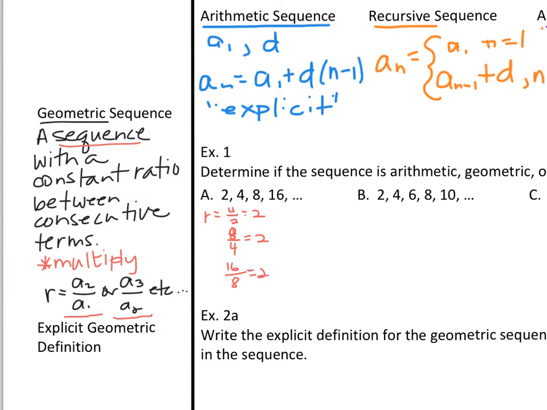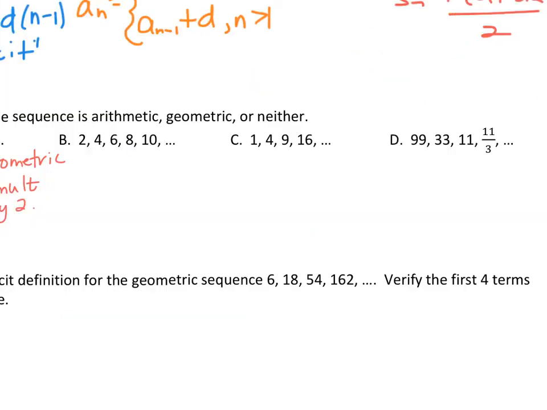Notice our r value, the ratio, is the same each time. That means this is geometric. And the pattern is we're multiplying by 2 each time. That would be that common ratio.